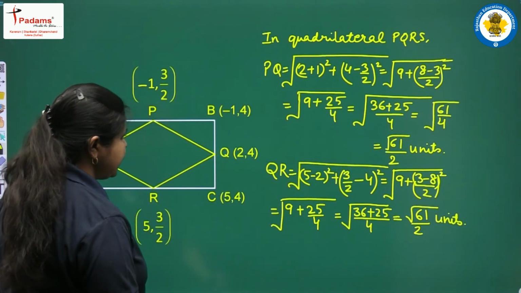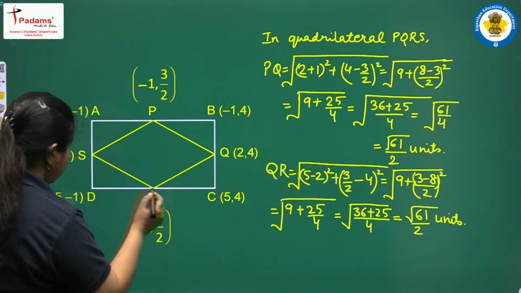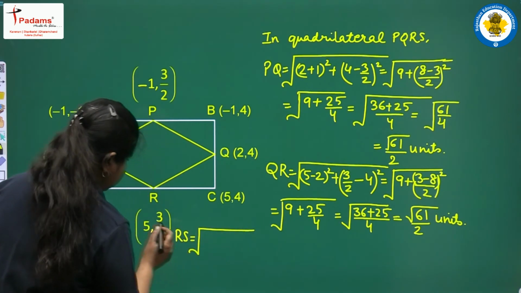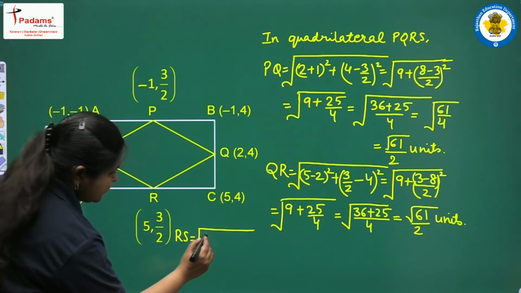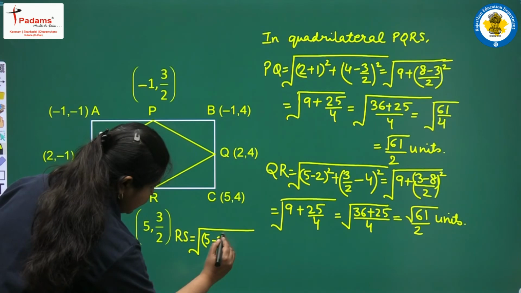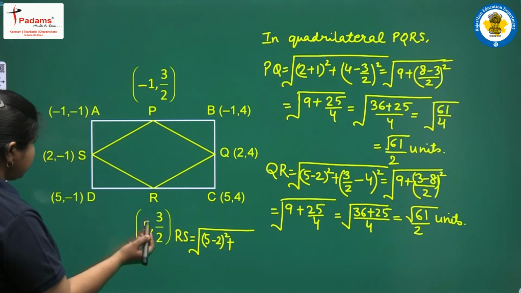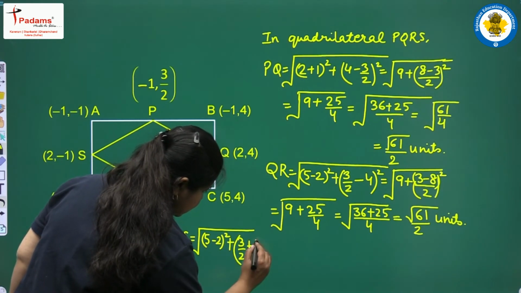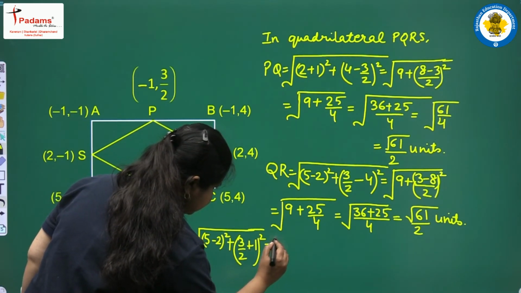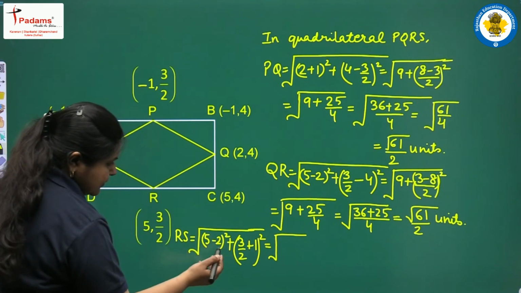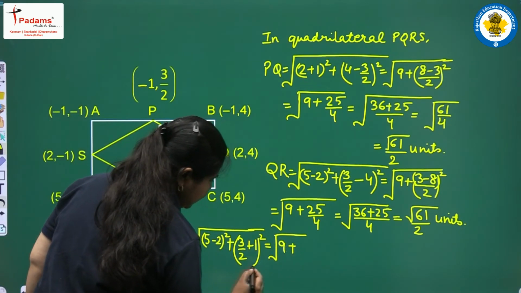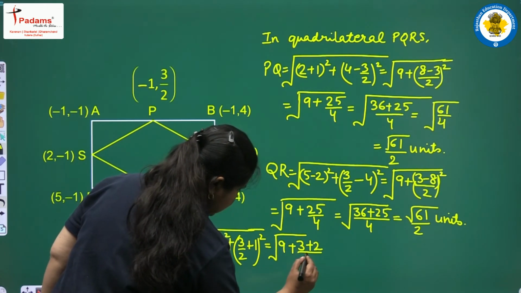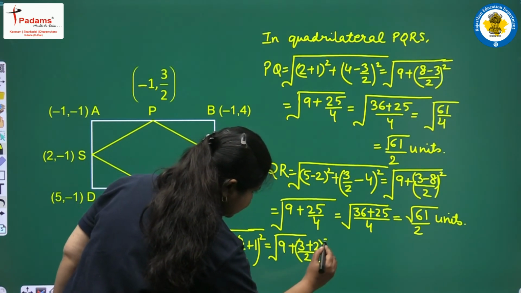Got it? Then we need to find the length RS. Here 5 - 2 whole square plus 3/2 minus of -1 will be +1 whole square. This will be square root 3 square will be 9, and here we will have 3 plus 2 1s are 2 upon 2 whole square.